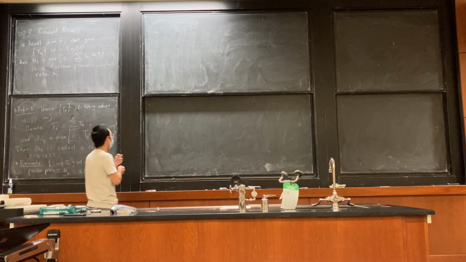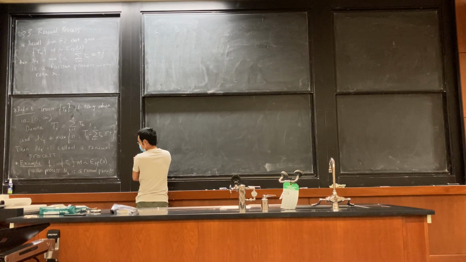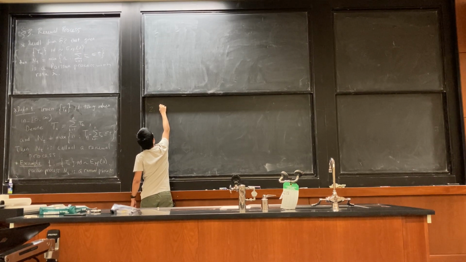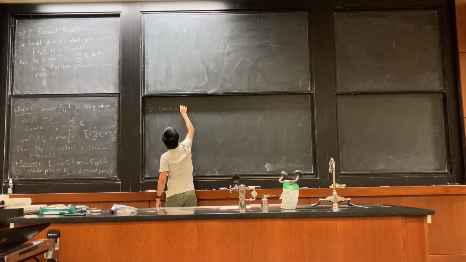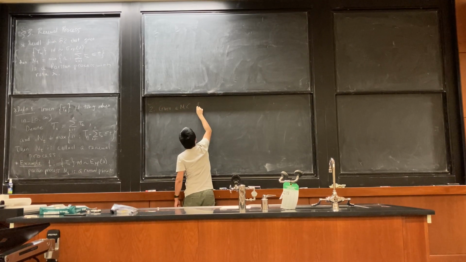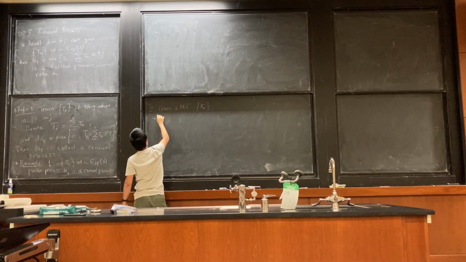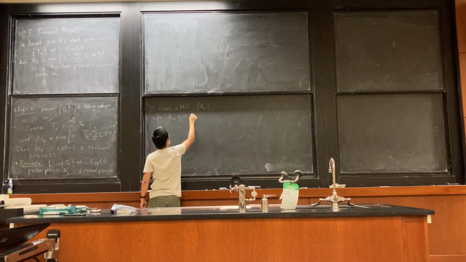Second case, a little bit more difficult to see, is the Markov chain. Given a Markov chain X_n with X_0, suppose I start from x.